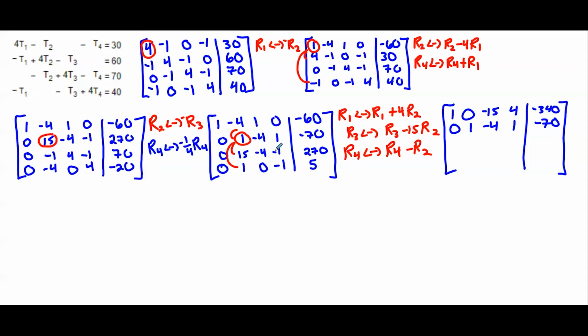So for row 3, we're going to subtract 15 row 2. So 0 minus 0 is 0. 15 minus 15 is 0. And I've got a negative 4 minus 4 times negative 15. It's going to be 56.